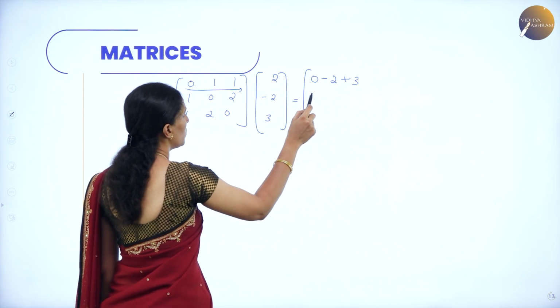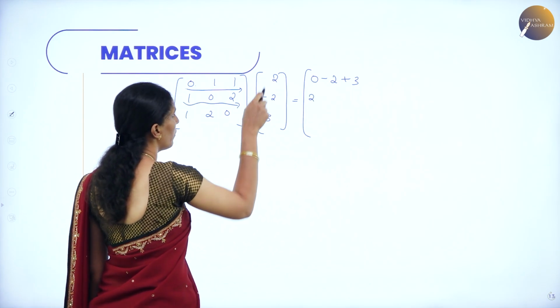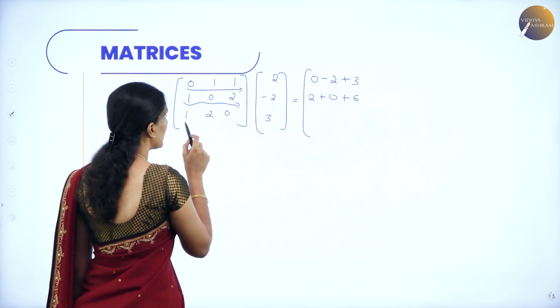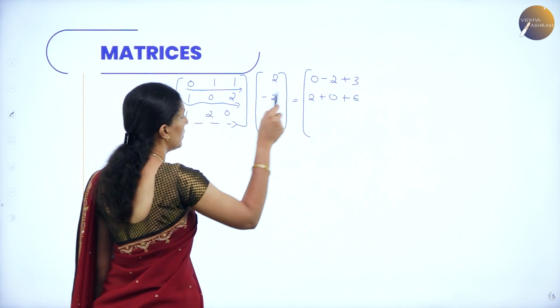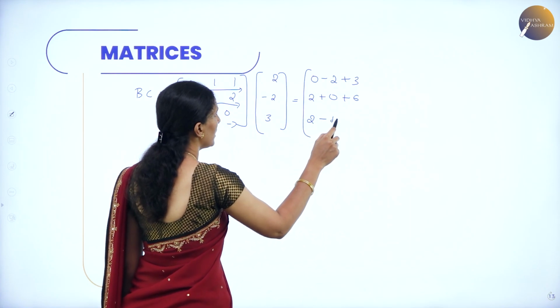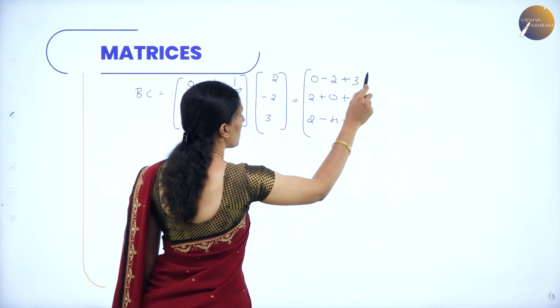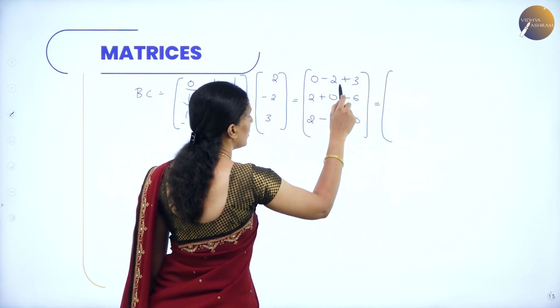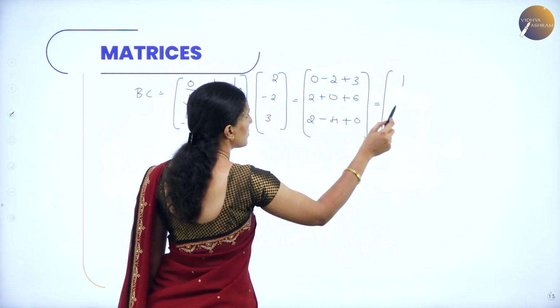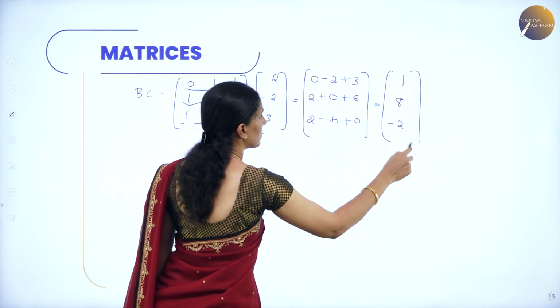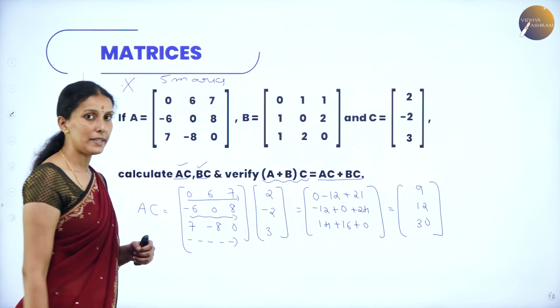Next. 1 2s are 2. So this is the second row, first column. 1 2s are 2 plus 0 plus 6. Next, the last row with the column. 1 2s are 2 minus 4, we will get 2 into 2 plus 0. So when you add it, you will get 1. 6 plus 2, 8. And here it is minus 2. So now we have verified BC.